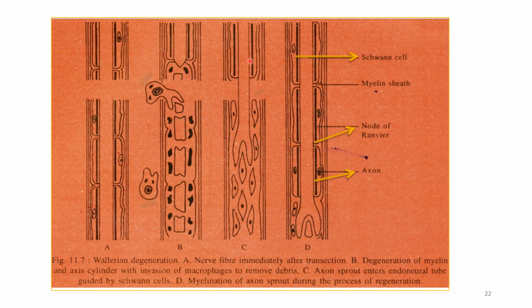This axon should sprout into the endoneurial tube, and the sprouting and entering of the fibrils of the axon will be guided by the sheaths formed by the Schwann cells. Then what happens? Myelination of the axon sprout during the process of regeneration. Then all is formed, and again myelination will happen.